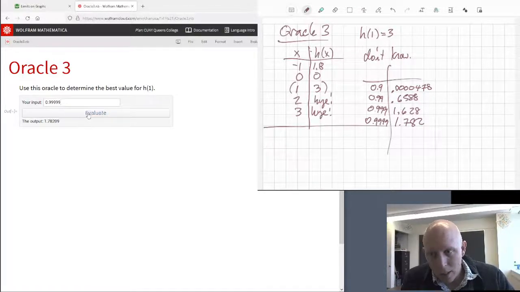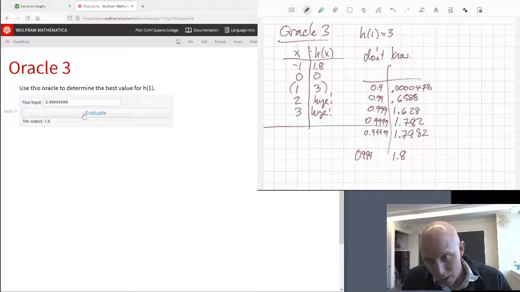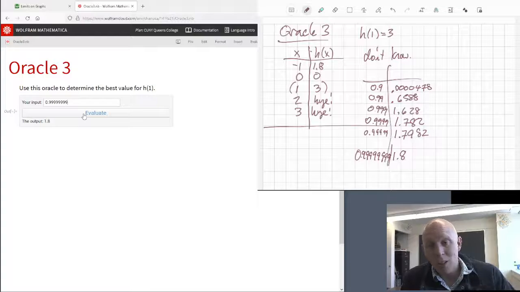Put in another 9. 0.99999 gives us 1.7982. Let's try another 9. These numbers look like they're getting closer and closer to 1.8. So those numbers get closer and closer to 1.8.